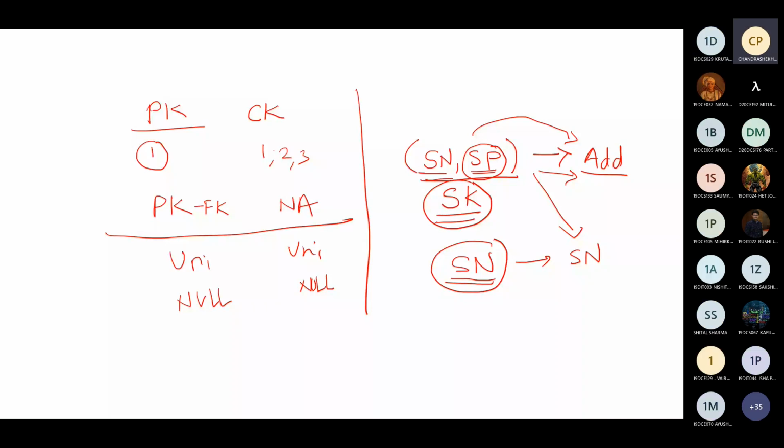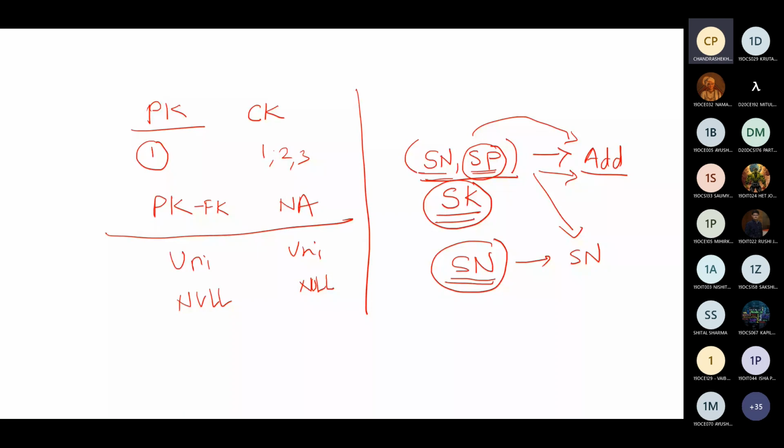A set of attributes that can uniquely identify a record is called a super key. I am using the words set of attributes. These column heads, meaning student name, student roll number, student phone number, are called attributes in terms of DBMS.